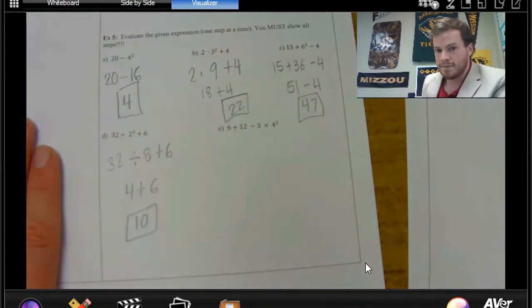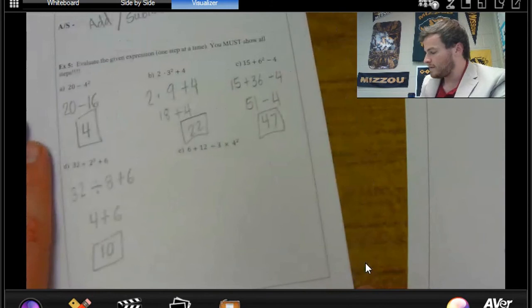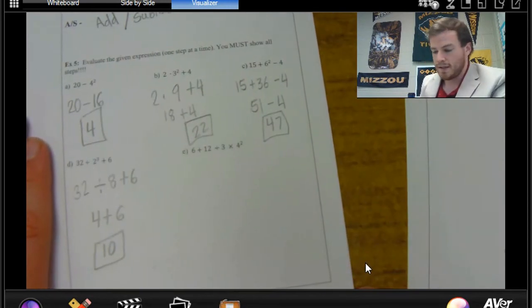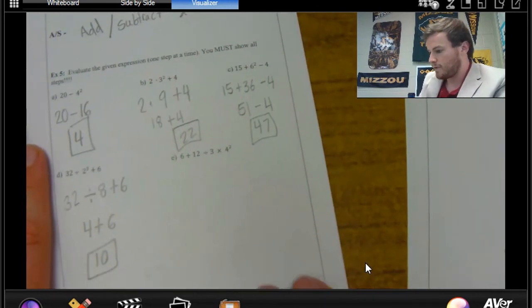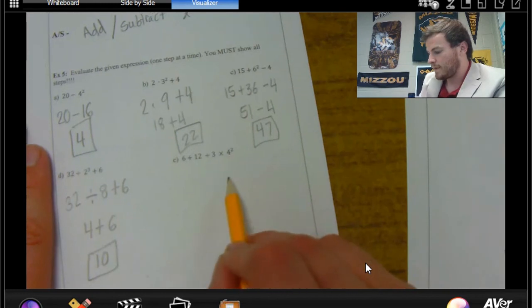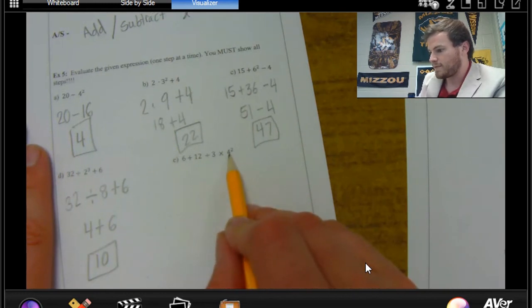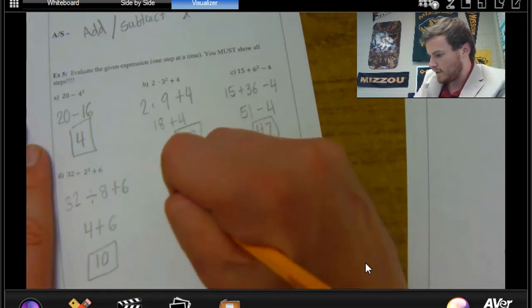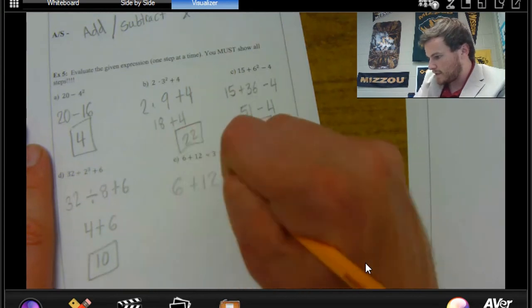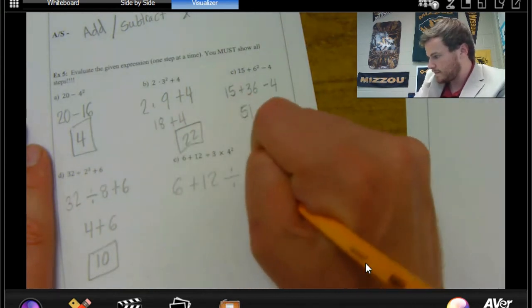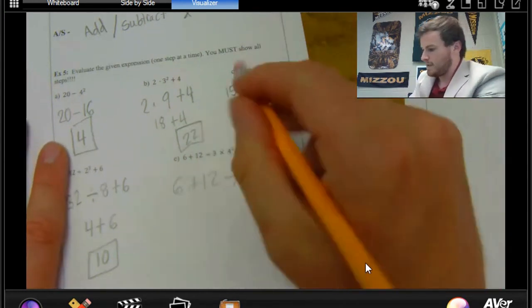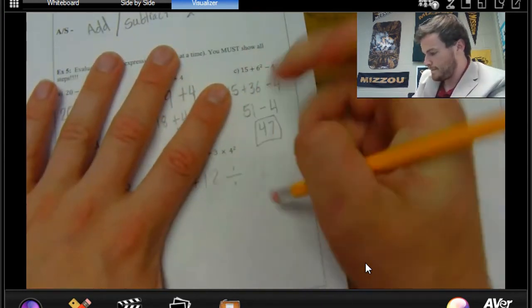Now on E, there's 4 different operations going on here. Again, exponent is the highest one, so we're going to take care of that first. 4 squared is 16. Excuse me, there's a divided by 3 before that.